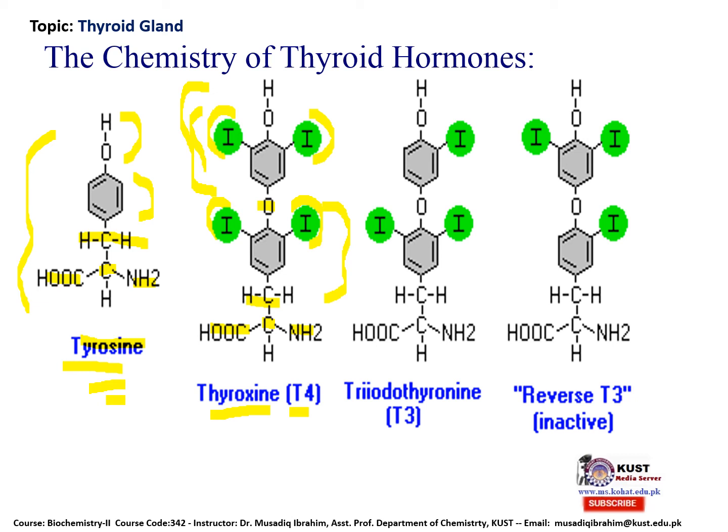If you count the number of iodine atoms covalently linked to the tyrosine molecules, they are 1, 2, 3 and 4.